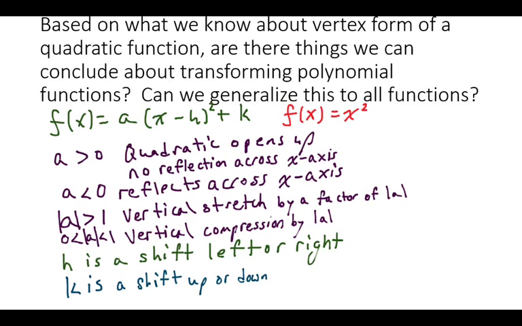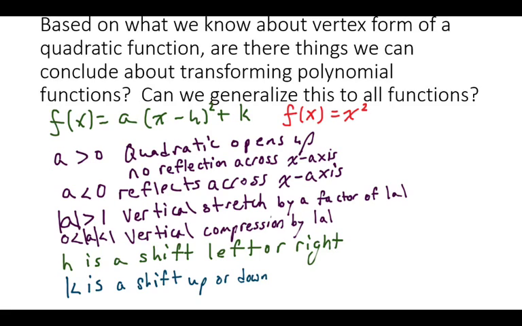Can I write something in a similar form to the vertex form for a cubic or a quartic or a polynomial of degree 5, or a fifth degree polynomial? That has one term. That means probably not much to most of you, but when I come back I'll explain it to you. Okay? Does that make any sense? Can we take this and generalize it to those other parent functions?